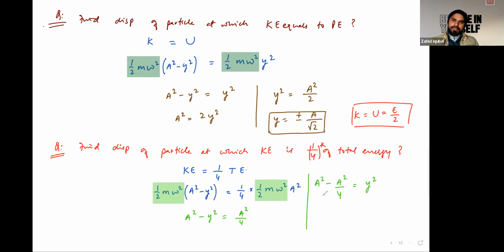Good, Khalid. Now take the LCM of this part. On taking LCM, it will be (4 minus 1), 3 divided by 4 times a squared, equals y squared. So y will be the root of this entire term. So it will be root 3 divided by 2 times a, plus and minus. So this will be your final result.